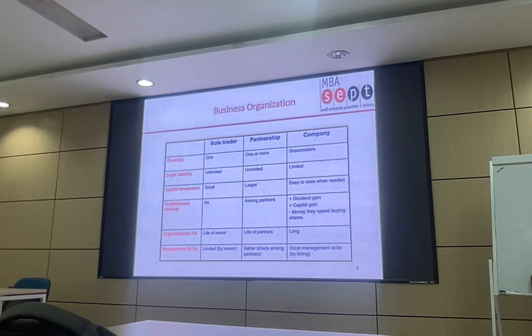You see, for the owners, it is only one or more, and for a company it is the shareholders. For legal liabilities, it is unlimited versus limited. So limited legal liability is one of the most important advantages of a company. And then capital investment.